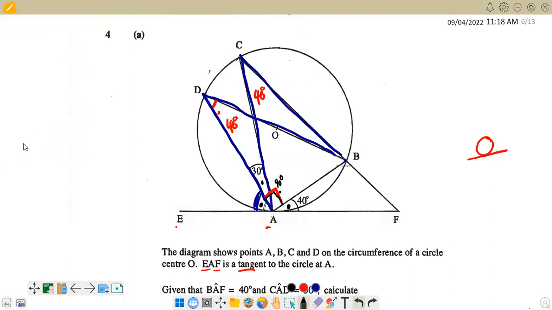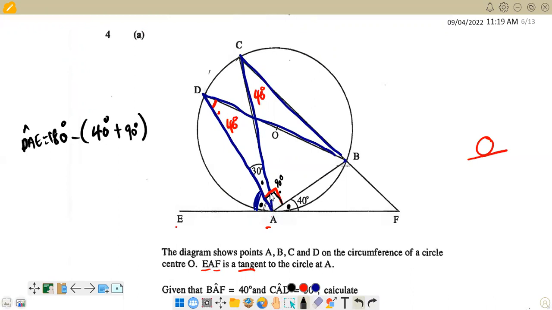So it means angle DAE is going to be 180 degrees minus the angles which are lying on the line. Sorry, not on the circumference, but on the line. And which are these angles? We said we've got 40 degrees, and what other angle? 90 degrees. So you do not take the 30, you just take the 90, because the 30 is inside of this 90.